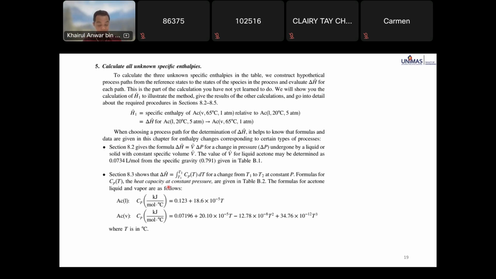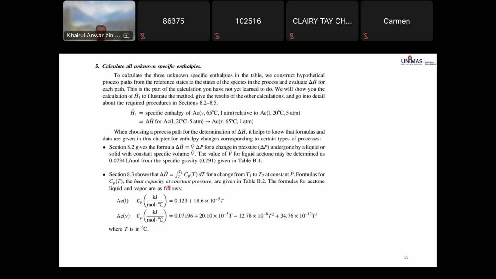So acetone has two forms or two states. It's either liquid or gas. For liquid, you need to use form 2 or Equation 2, but the value for A, B, C, D is different.